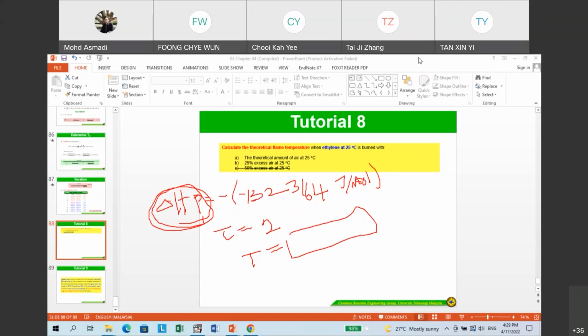That is the step. Anyone can give me the answer?